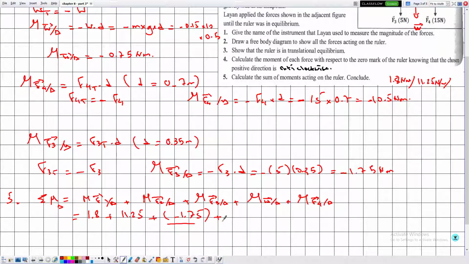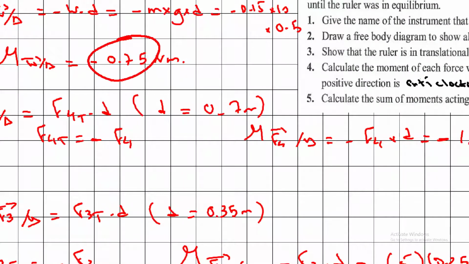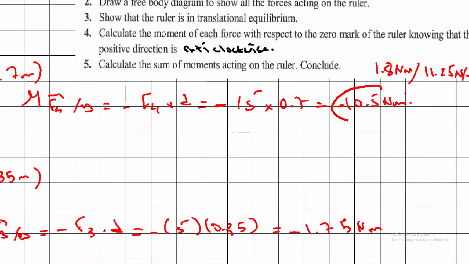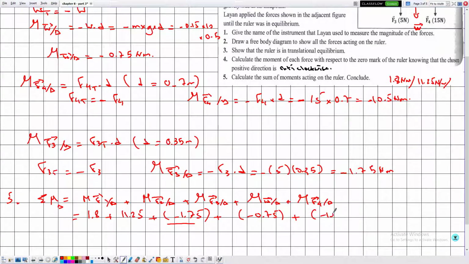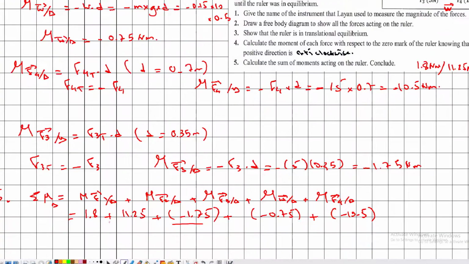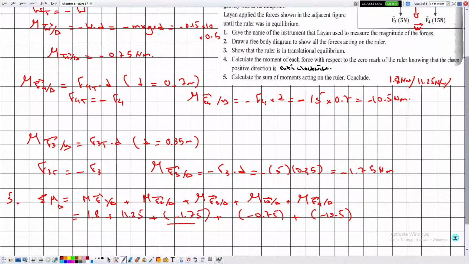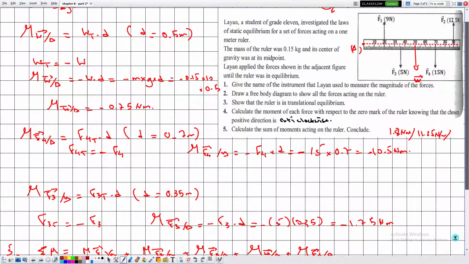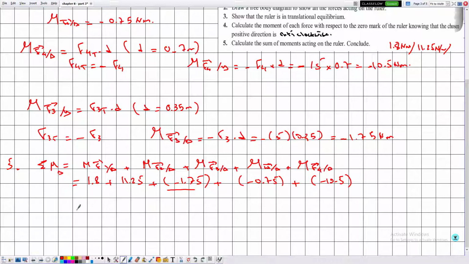And M weight delta is given by minus 0.75, plus F4 delta, which is given by minus 10.5. And let me check that this consists of 5 terms due to 5 forces acting and not passing in the radial direction. Let me try on the calculator.